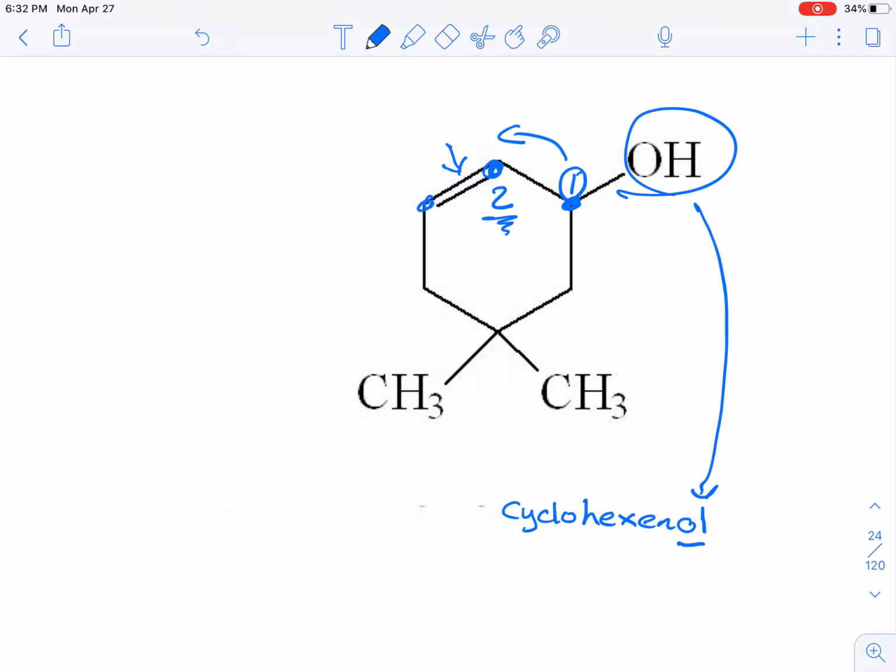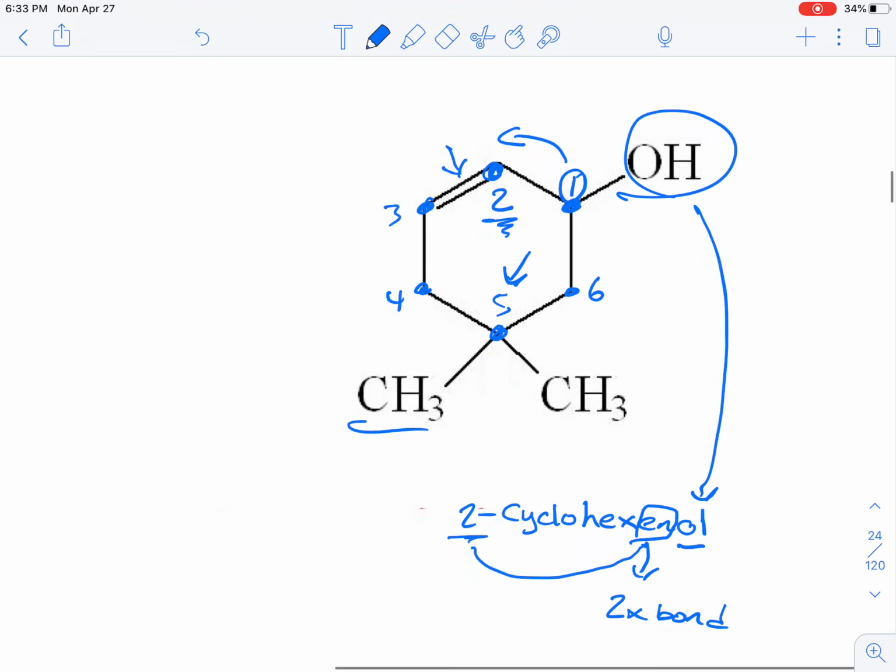So that's 2, 3, 4, 5, 6. And so it looks like I have on carbon number 2 a double bond. So this 2 is going to represent the location of this double bond. Let's see here. And so we just need to describe the 2 methyl groups.